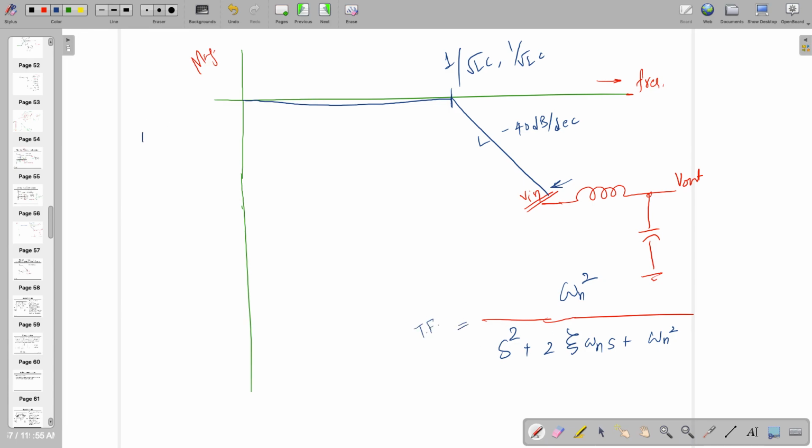I suggest you go through the E203 lectures available online. My 6th or 7th lecture must talk about this, where the output looks like this, and this overshoot is equal to 1 by 2 zeta, maybe. So if zeta is less than 1, it will shoot up, which is the maximum peak overshoot.